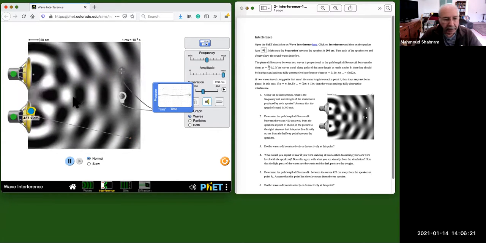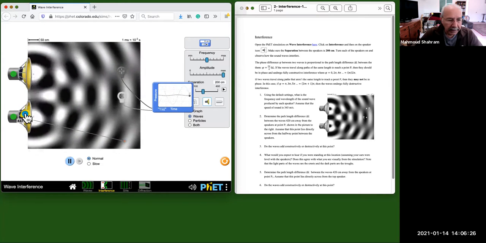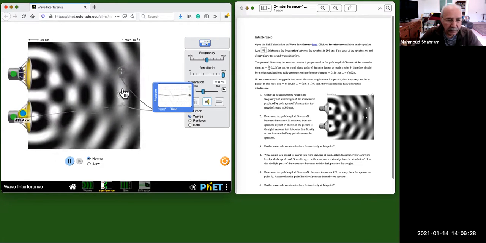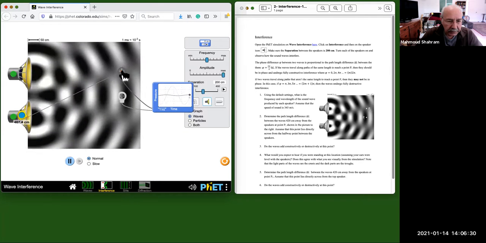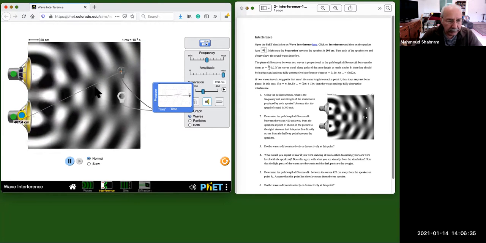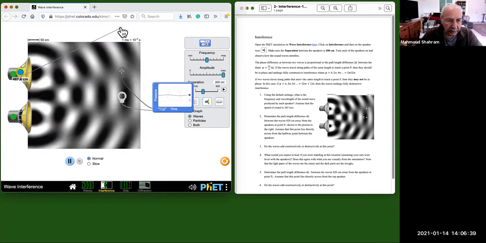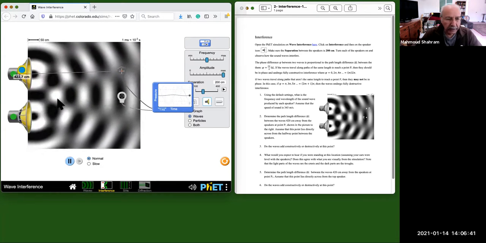Then on the third part, you will do the same thing and find out what is the path difference between the speaker at the bottom to that point versus the speaker on the top to that point.